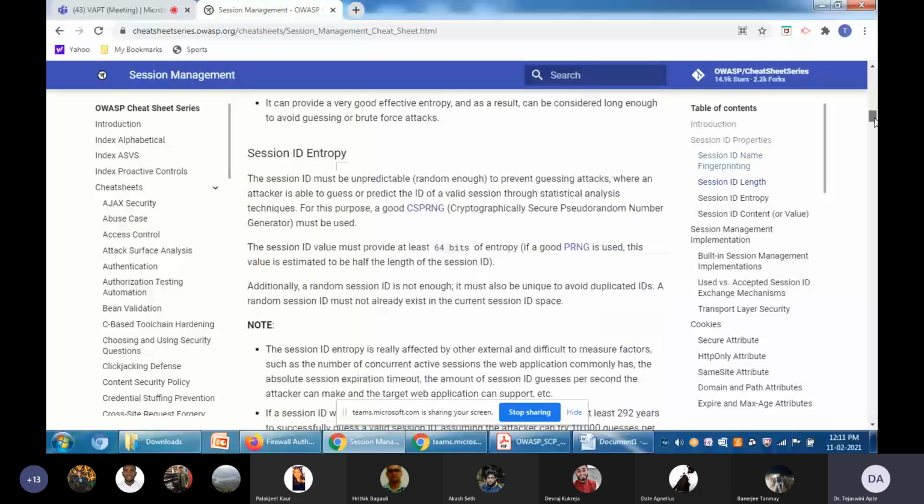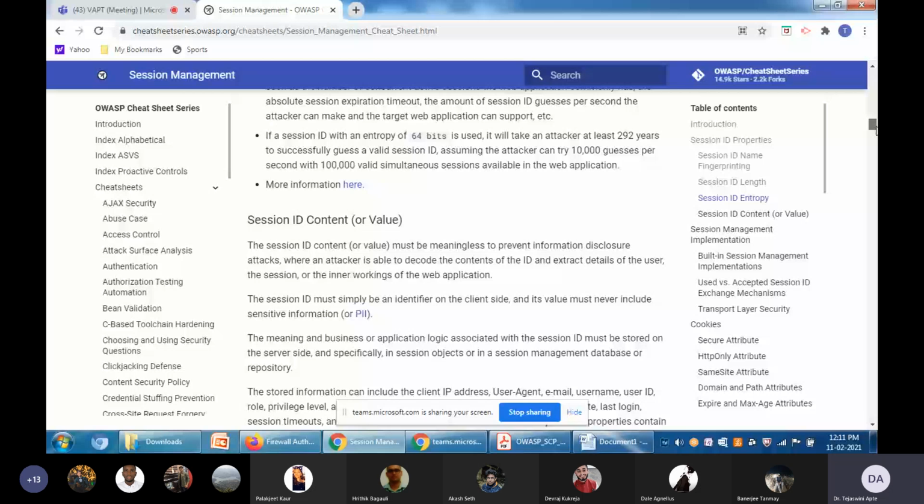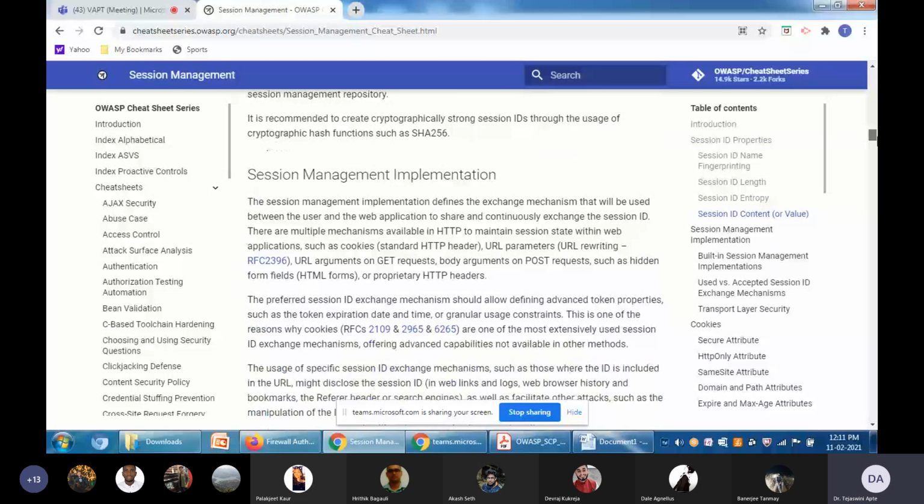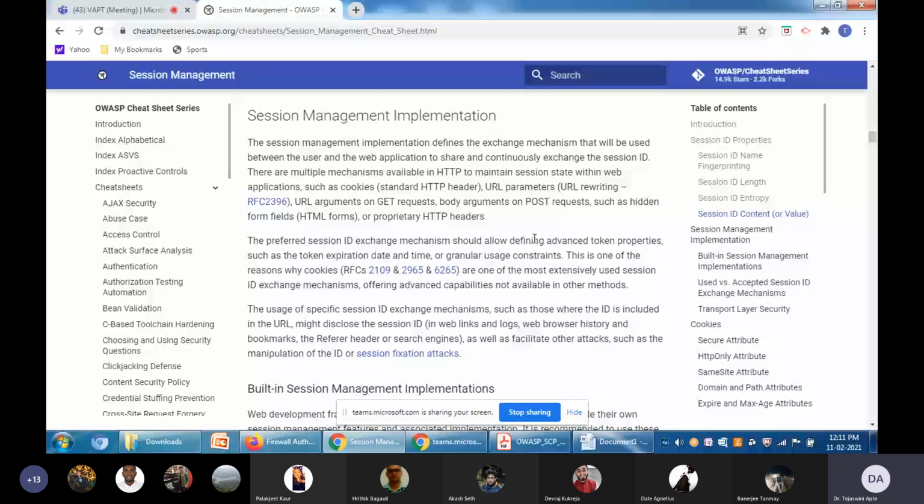So this is a cheat sheet that I have shared with you from OWASP, and they have given a very nice example. If you go with the session management implementation, specifically the usage of a session ID exchange mechanism where the ID is included in the URL, it might disclose the session ID, as well as facilitate other attacks, such as manipulation of the ID or the session fixation attack.